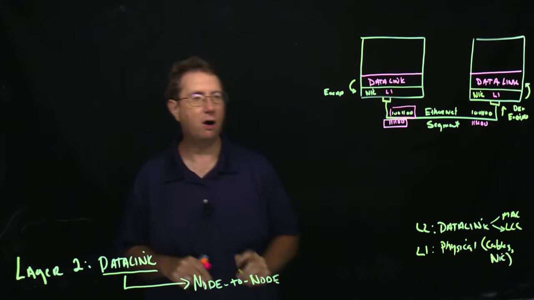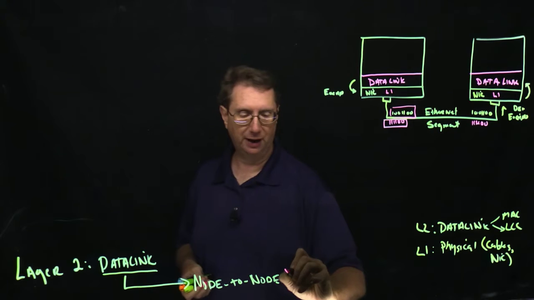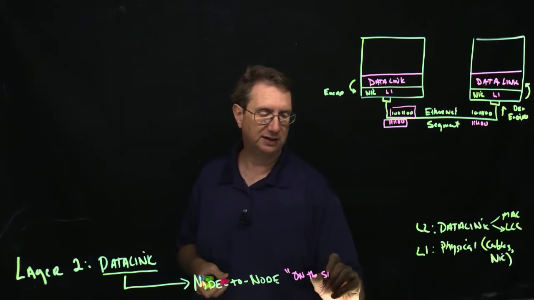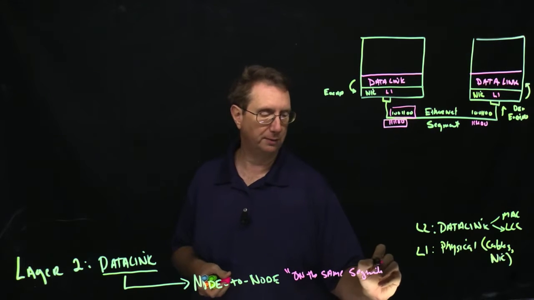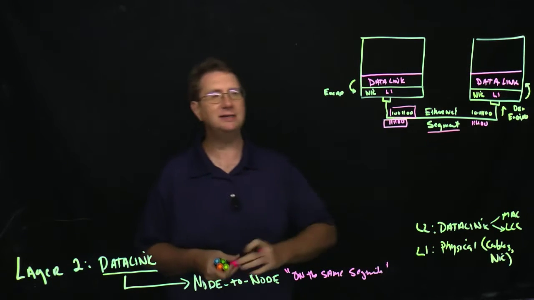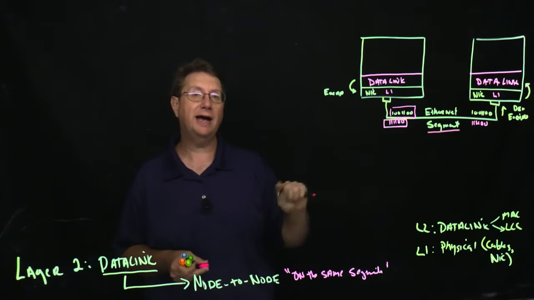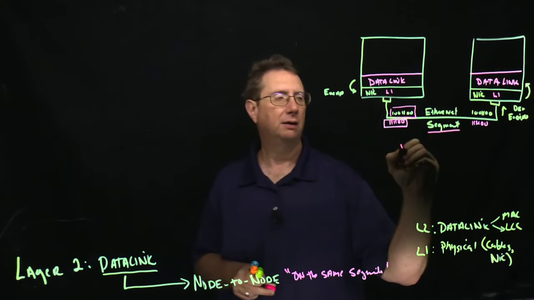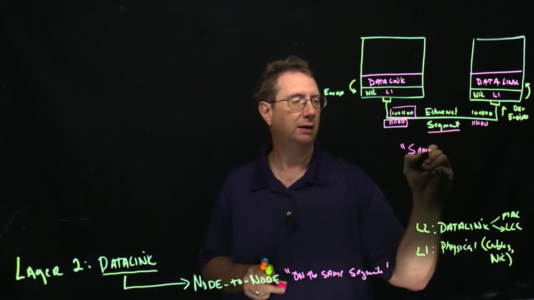And I'm going to go so far as to put an emphasis here. I'm going to grab my red pen here, and what I'm going to do is I'm going to say on the same segment. Now you'll remember I described this as an Ethernet segment. Now the reason that I defined that as an Ethernet segment is these devices are connected to one another and they are layer 2 adjacent. Now colloquially we could just use a term to say that they are on the same network.